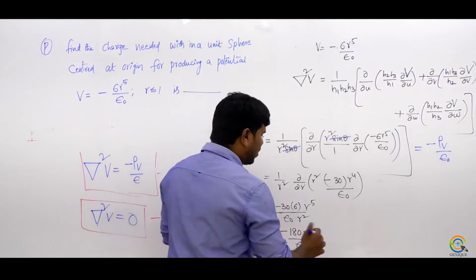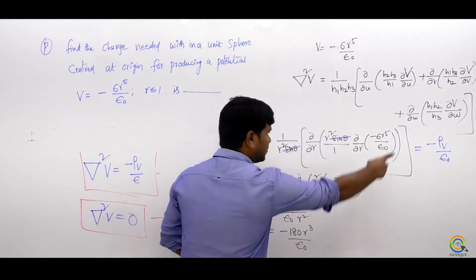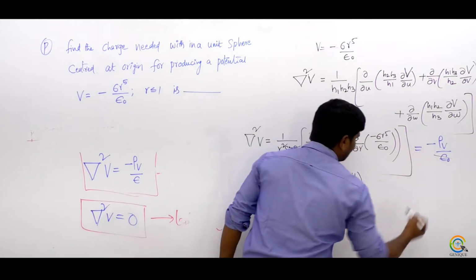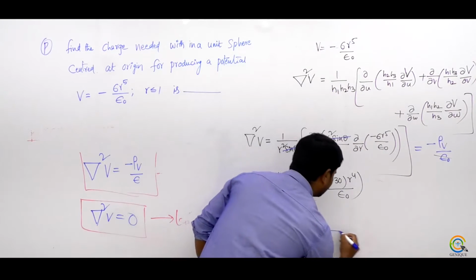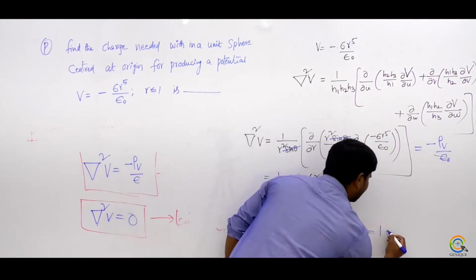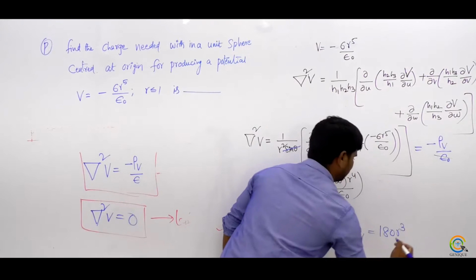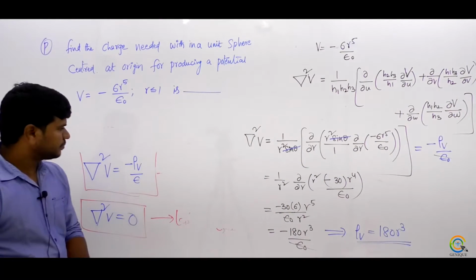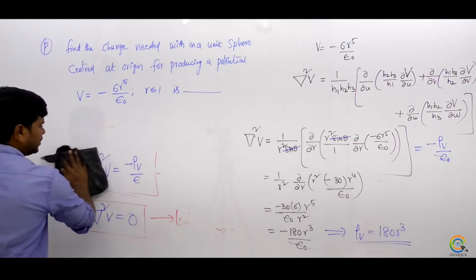So this is equivalent to this one, and you can cancel this and this. So from this, rho v is equal to 180 r cube. This is the volume charge. I hope you got it.